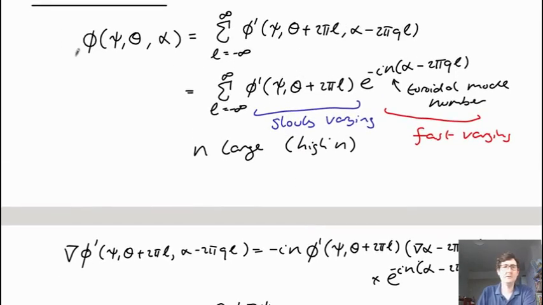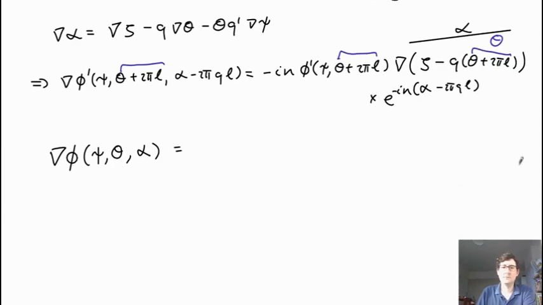So if we take the gradient of this, each term in this equation just gets a minus in, and the grad alpha term appearing in here. And so the whole thing just becomes this in times grad alpha times our function here. And this means that any gradient in our equations, any fast gradient across the magnetic field, we can just replace with minus in grad alpha.